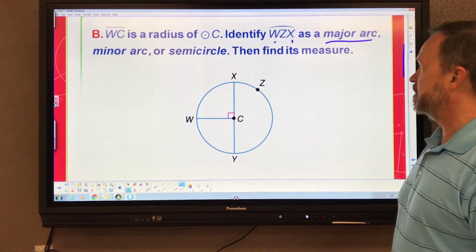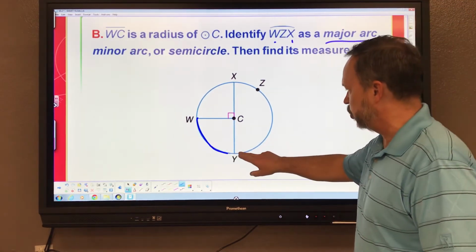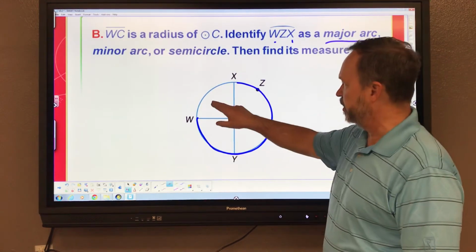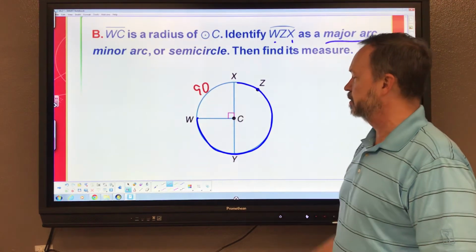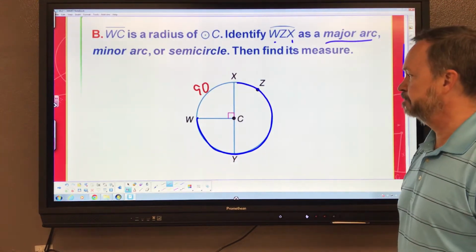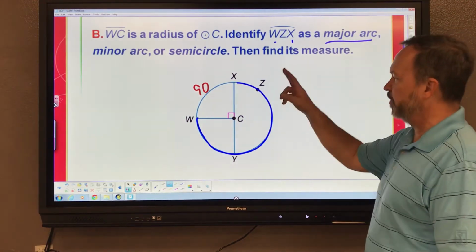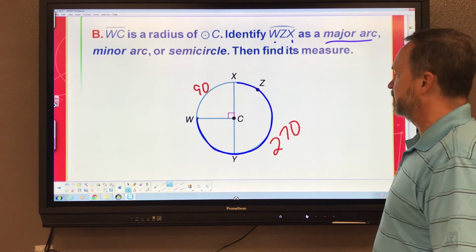It says then find its measure. Well, I want to find out the measure of this arc. Since I know this is 90 right here, we'll talk about that. But since I know this is 90 and the whole thing's 360, then this piece here is 270.